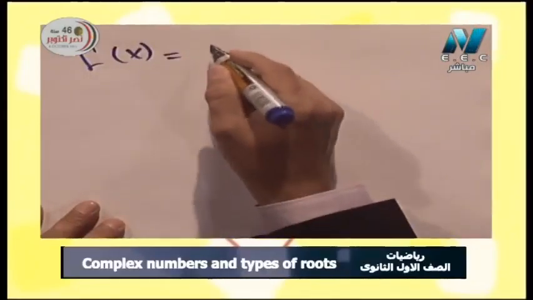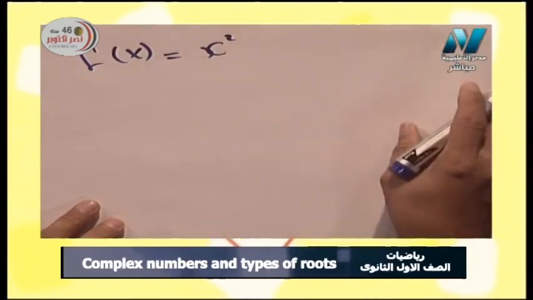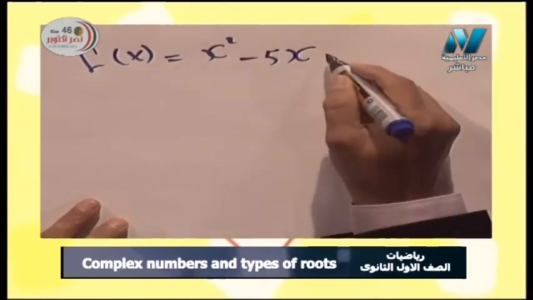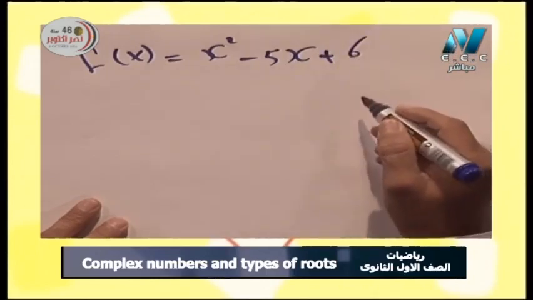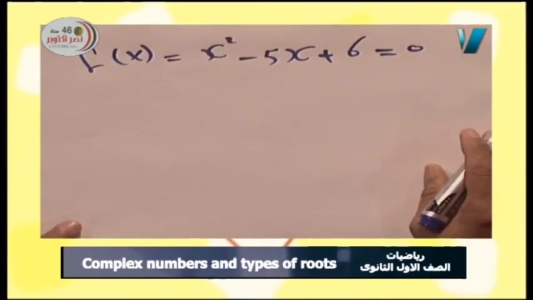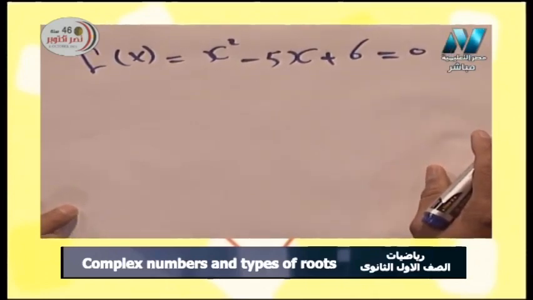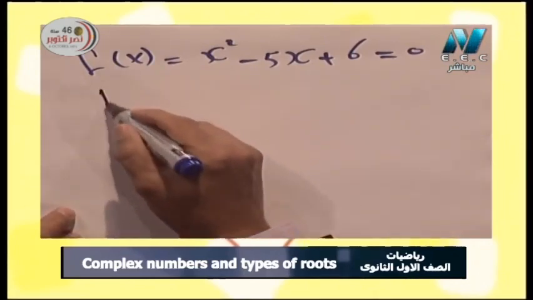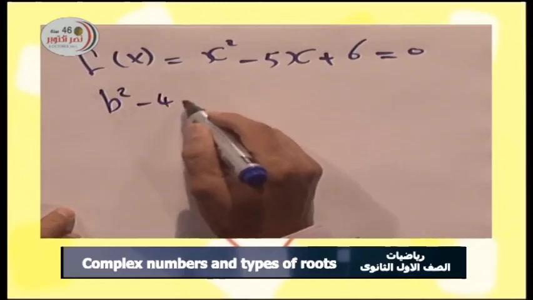If we have f of x equals x power 2 minus 5x plus 6, and this equation equals 0, and we want to find out the type of these roots, we just calculate the discriminant, which is b power 2 minus 4ac.